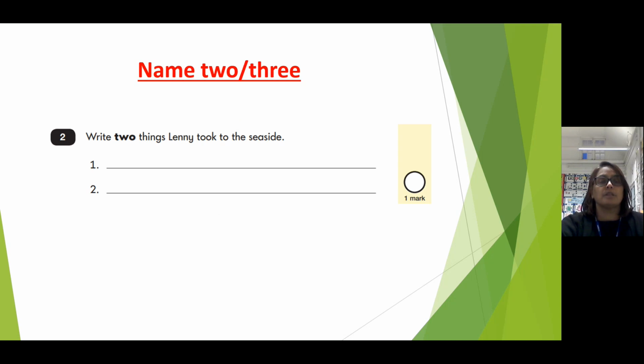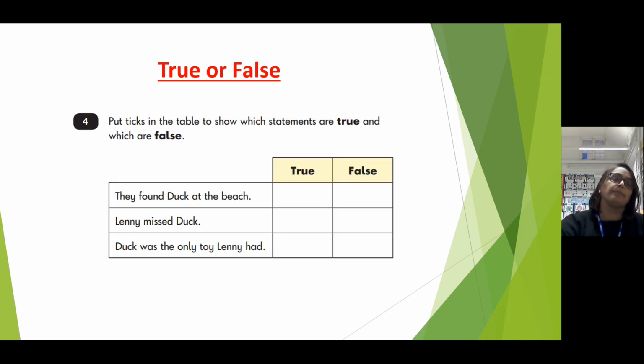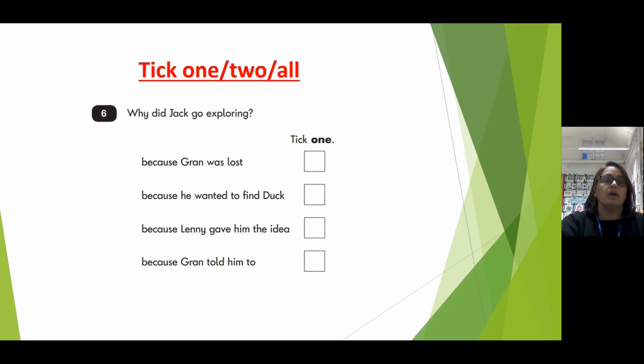Here, children are to list out 2 or 3, depending on what the question is, of things that they need to pick up from the text. They also have to think about whether the statements are true or false and put the tick in the appropriate box.